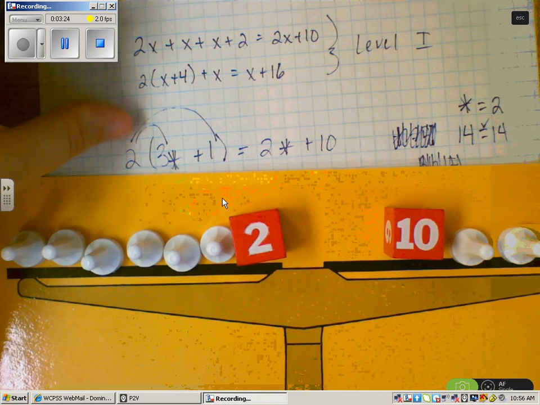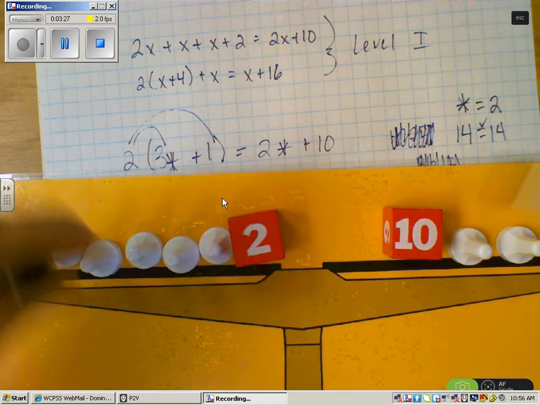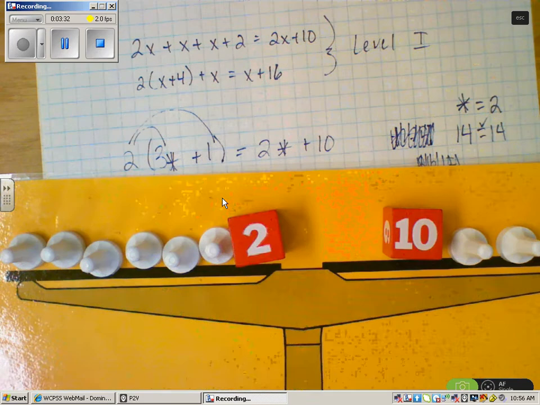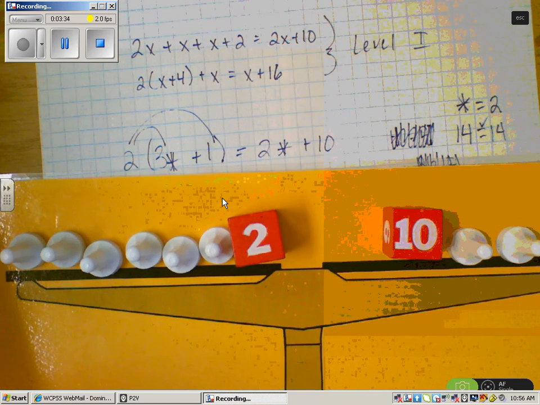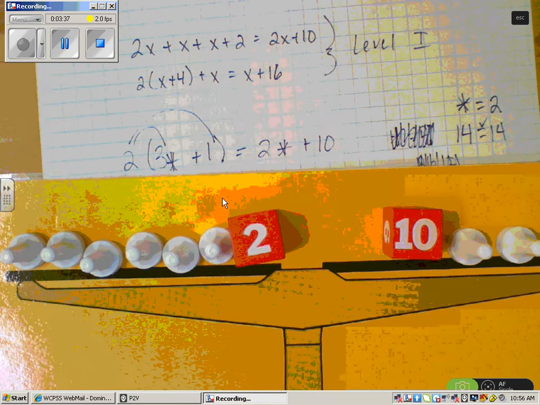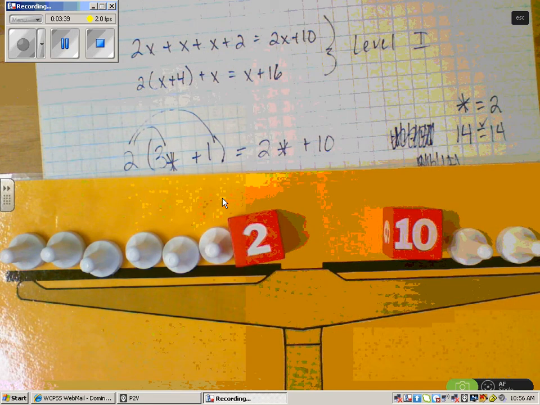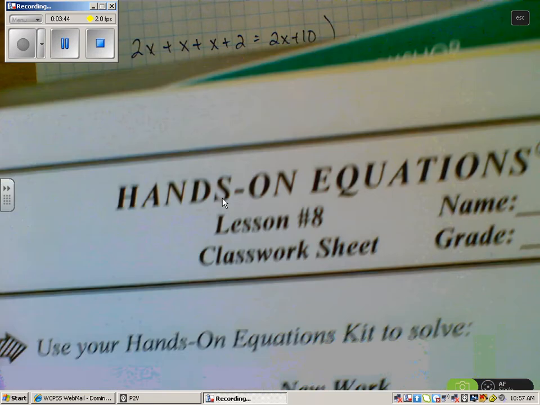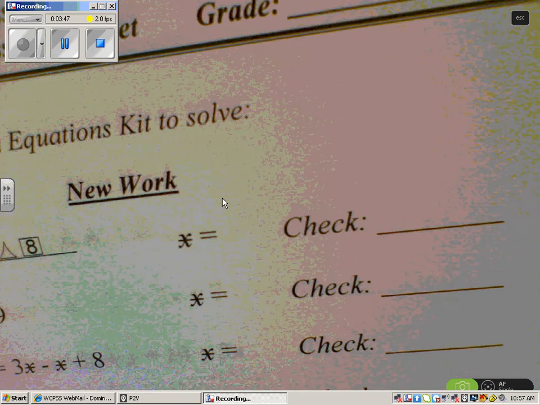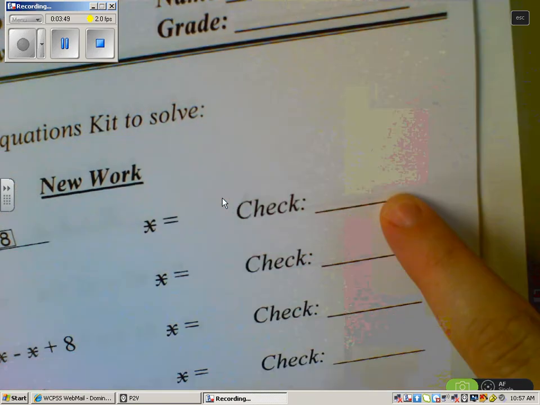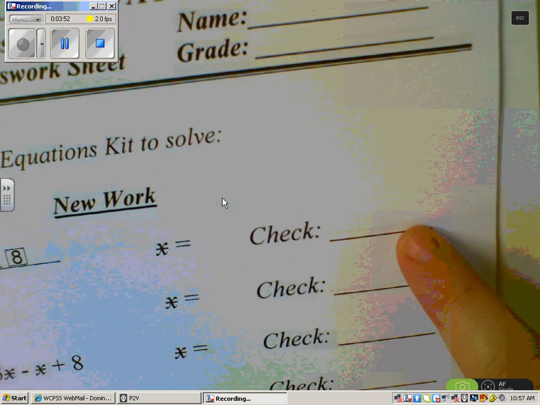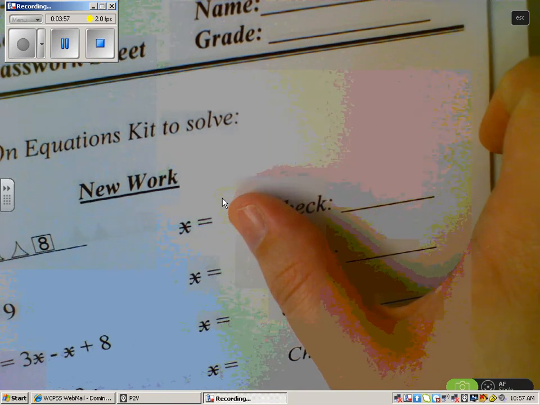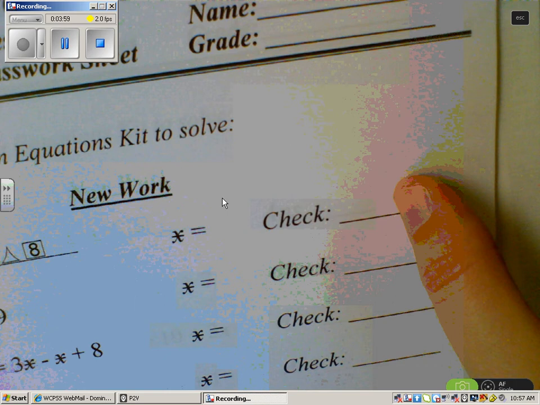I did notice that on some of your worksheets when you were completing these, some of you were not completing the check column. So when you are doing lesson 8, I need to see, say for example, this was the first problem, 14 equals 14 in the check column to see that you are plugging in your star variable to make sure that both sides balance.